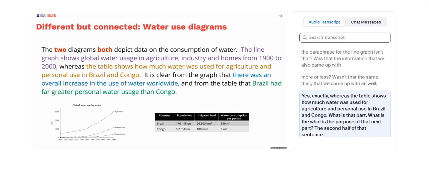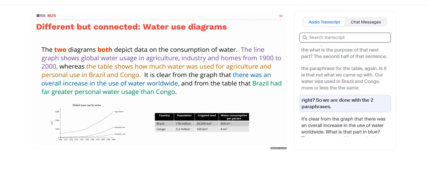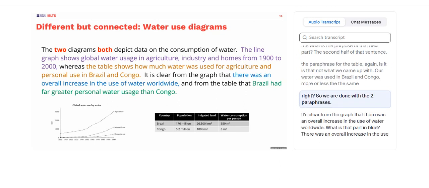Whereas the table shows how much water was used for agriculture and personal use in Brazil and Congo. What is the purpose of the second half of that sentence? The paraphrase for the table. Again, is that not what we came up with? How water was used in Brazil and Congo. More or less the same, right? So we are done with the two paraphrases.